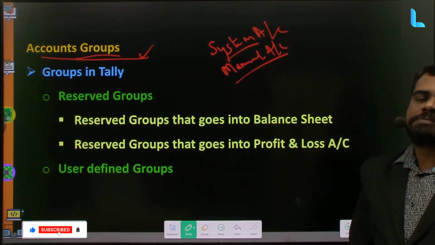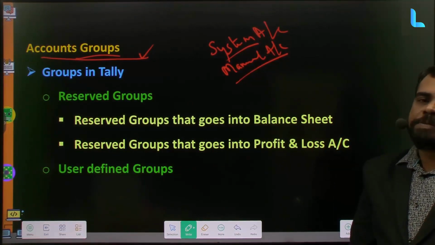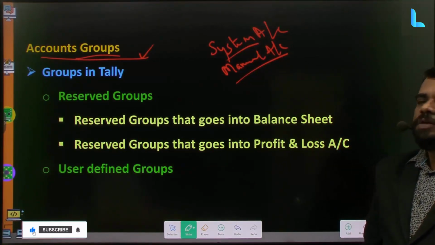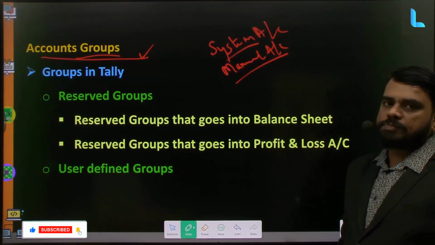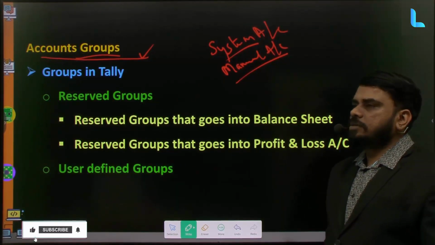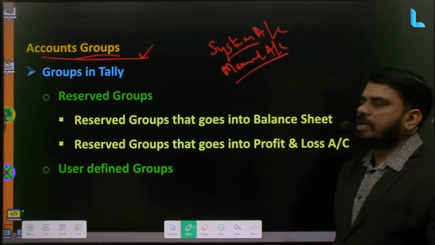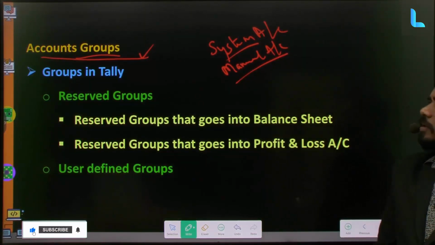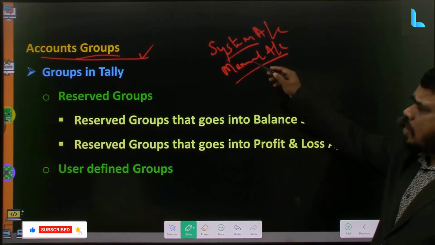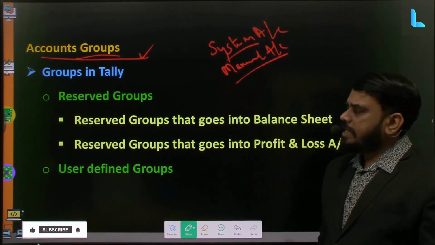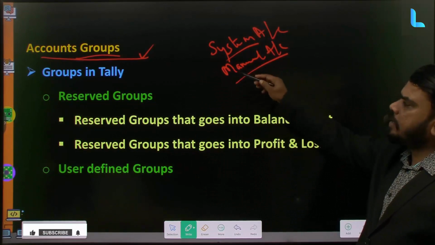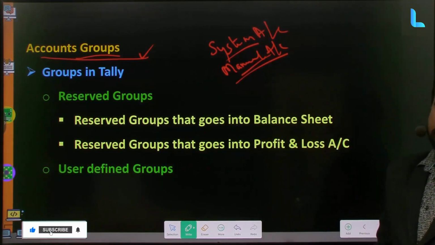I told you the steps involved in accounting. The first step is classification of accounts. We need to know how to classify the accounts. Account groups are very essential. Only if you understand the concept of these account groups does it become easy, whether you are maintaining accounts manually or using the system method.